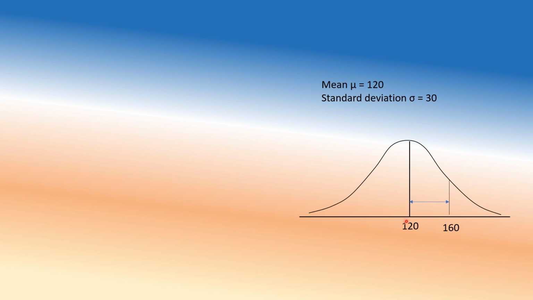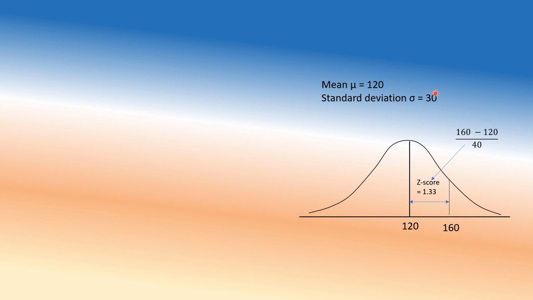So we have a normal distribution whose mean is 120, sigma is 30. So here it is. Mean is 120 and sigma is 30. Now our point is 160. So how far apart is this point from 120, from the mean? Well, it's 40, right? 40 days, $40, 40 pounds, 40 kilograms, whatever that is, 40.